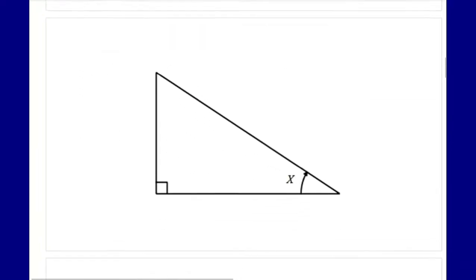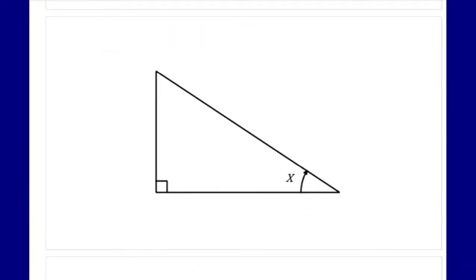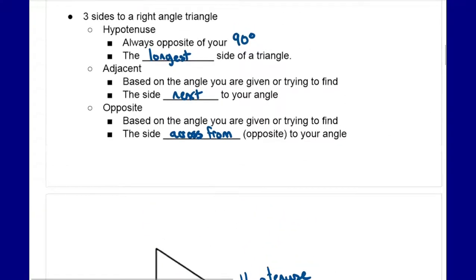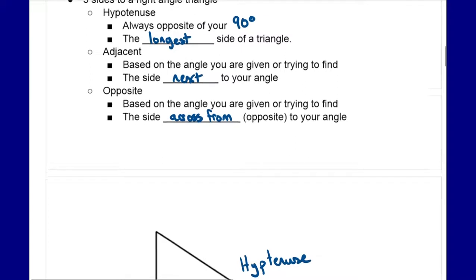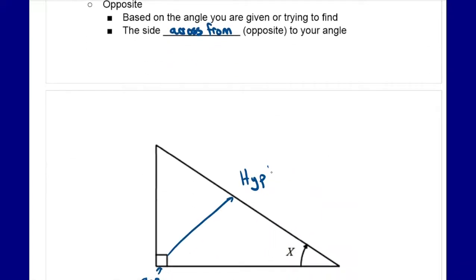If we look at this diagram here and I wanted to label those sides, well, across from 90 degrees should be the hypotenuse. My hypotenuse is across from 90 degrees. Did I spell it right? I missed an O. Hypotenuse. So we have our hypotenuse.